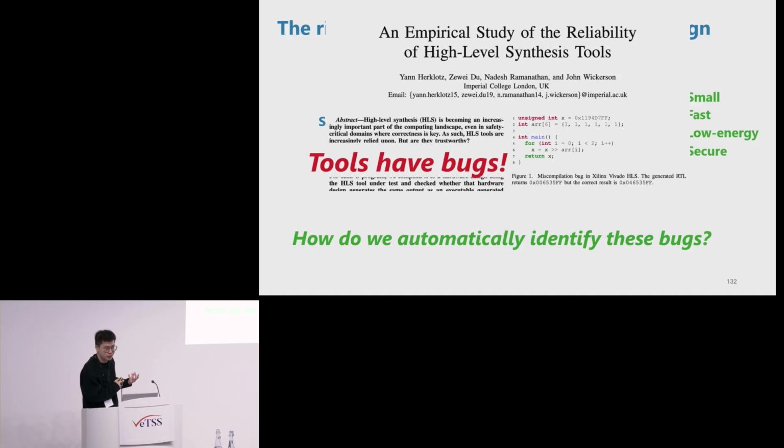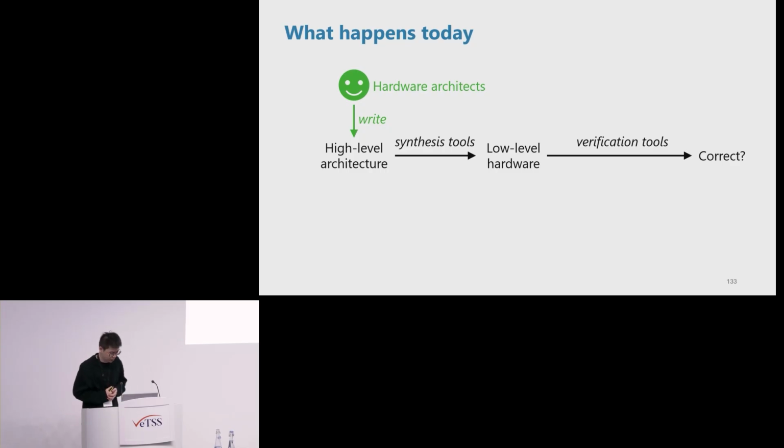Let's go back and see what happens in industry, like Intel. We have a hardware architect who knows exactly what we want to build, and they write this high-level architecture in software languages, and we call a synthesis tool to generate the exact hardware implementation. Then this hardware design is passed to verification tools to verify whether it is correct.